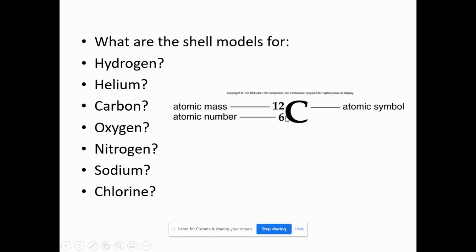Okay, so that means you have 6 protons, and it doesn't carry an overall charge. So if you have 6 protons, how many electrons do you have to have? You got to have 6. Okay, so you can look at the periodic table, look at the atomic number, all right, and know how many electrons total should be in your shell model.